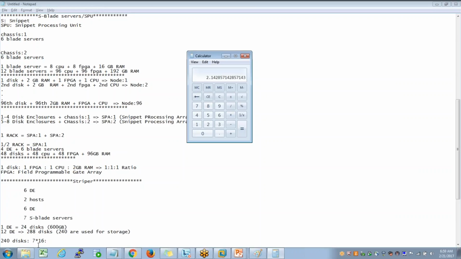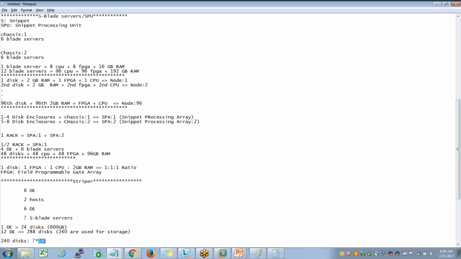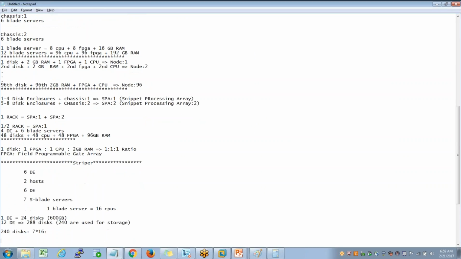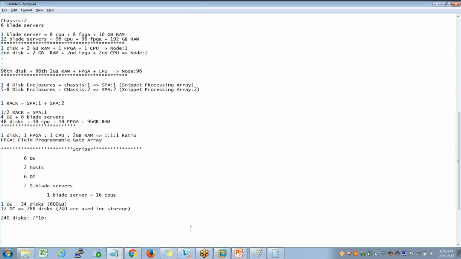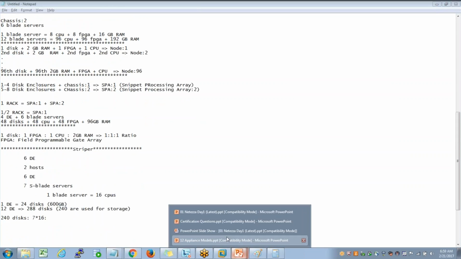The way this 16 came in is that the blade servers are advanced in such a way that instead of 2 into 4, like 8 CPUs here, they got now 16 CPUs. The bottom line is explained here.